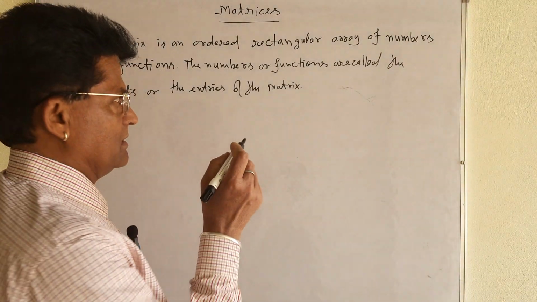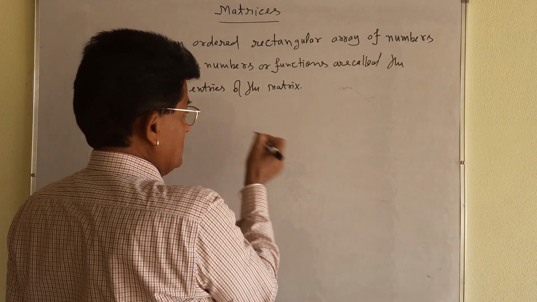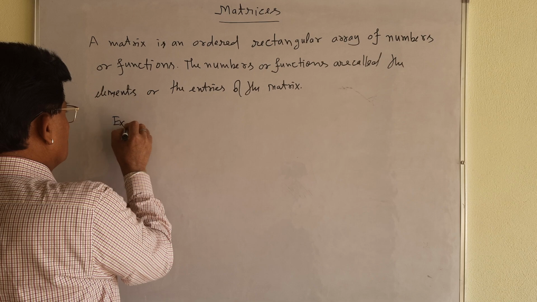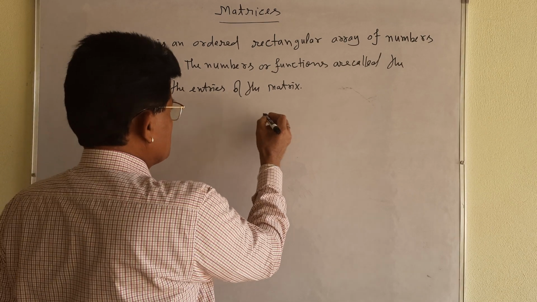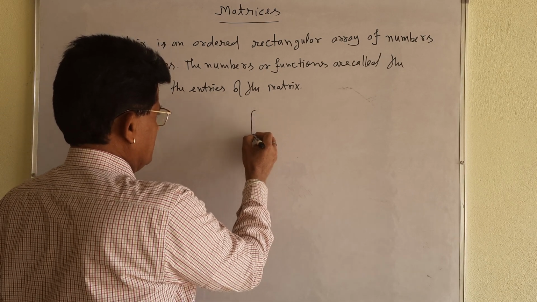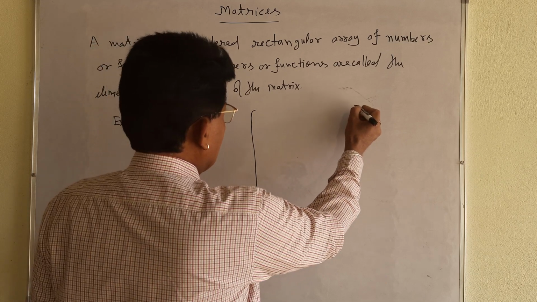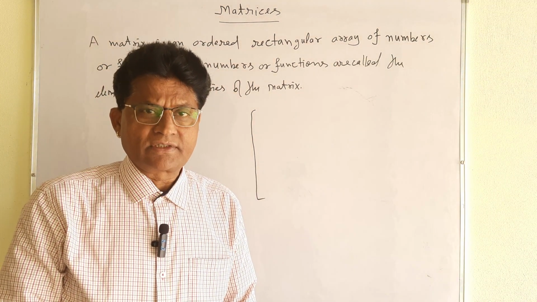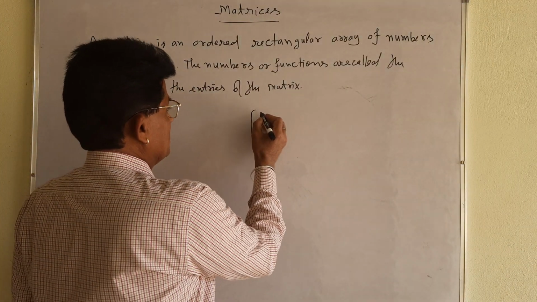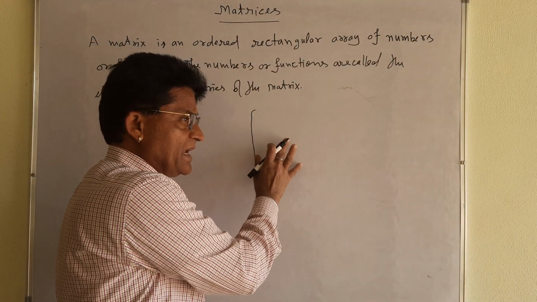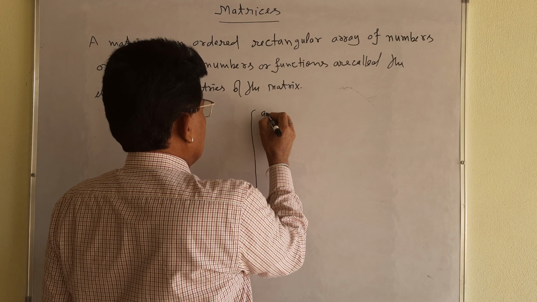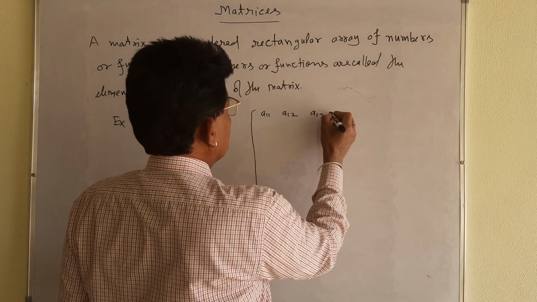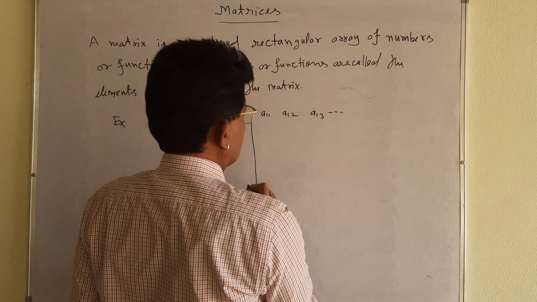Let me take one example. Here, an example of the matrix. Try to understand. I will take the standard form, and by using this example, I will explain the rows and columns. A11, A12, A13, dot dot.